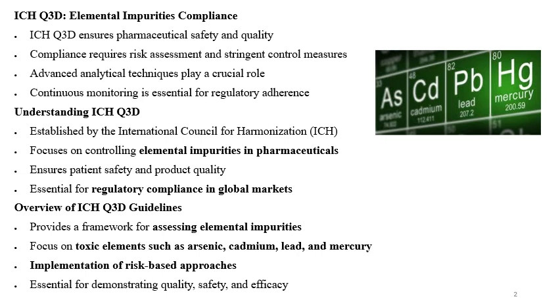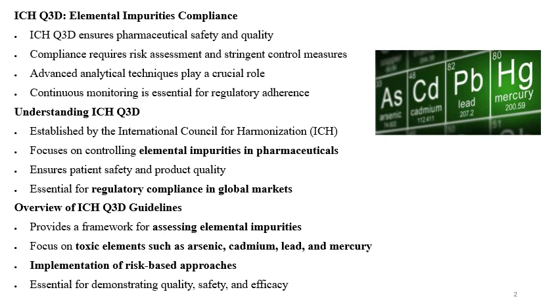So now we'll see the understanding for ICH Q3D. This guideline is the quality guideline from ICH, which focuses on controlling the elemental impurities in the pharmaceuticals so that the safety and quality is assured. This guideline is very important for complying with the regulatory standards.